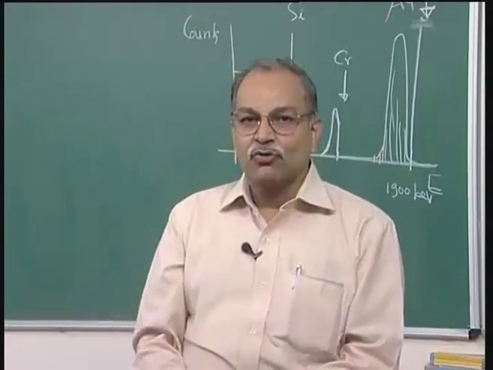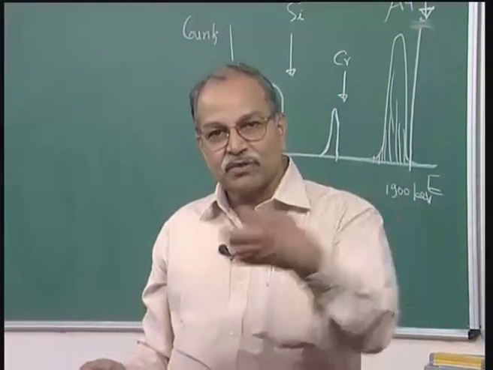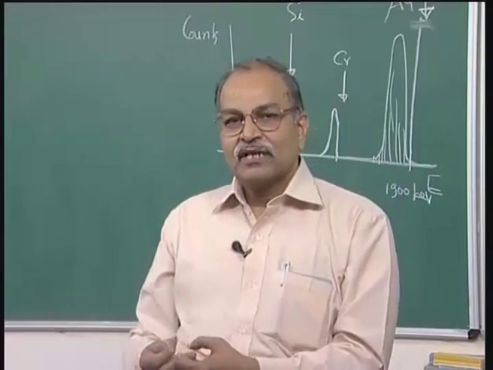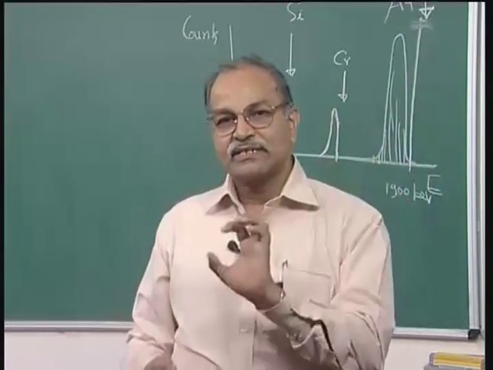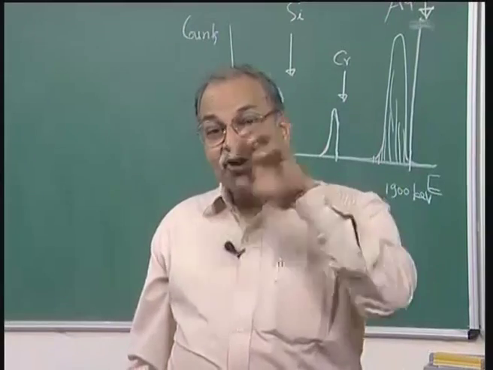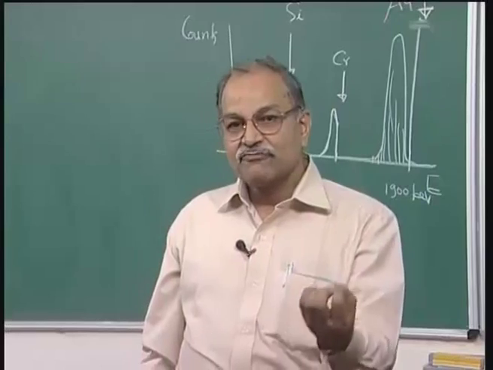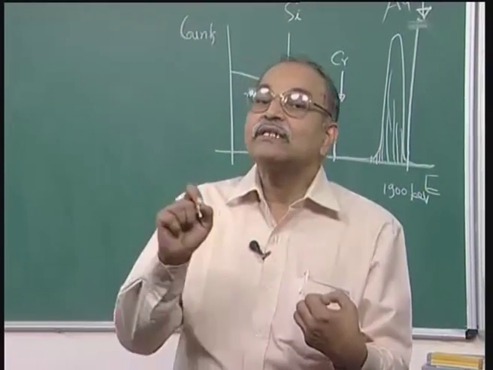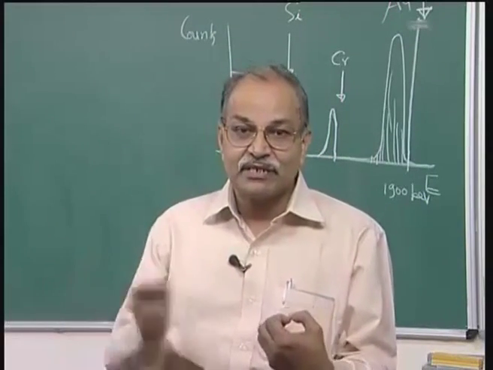So, in one go, if you have some 3, 4, 5, 6 types of impurities, this proton beam goes and interacts with those atomic electrons, and K alpha and K beta and L alpha and all those X-rays are emitted from those elements. These X-rays will be detected with their energies, and from the energies of those X-rays we will know what kind of elements are sitting there from which these X-rays are emitted.